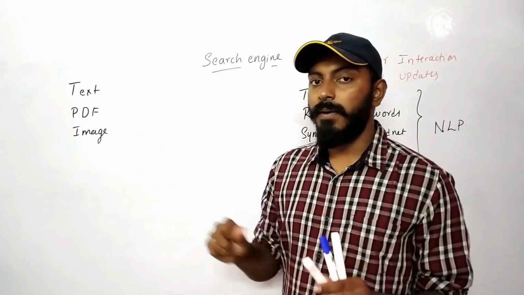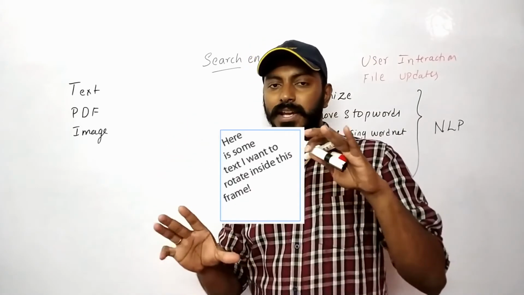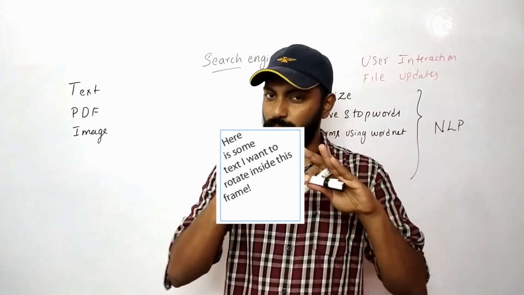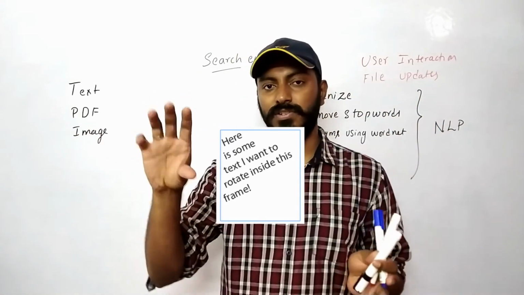What people actually use is, if the image is kind of tilted, the texts are not always properly horizontally oriented, right? The text could be tilted in any direction.